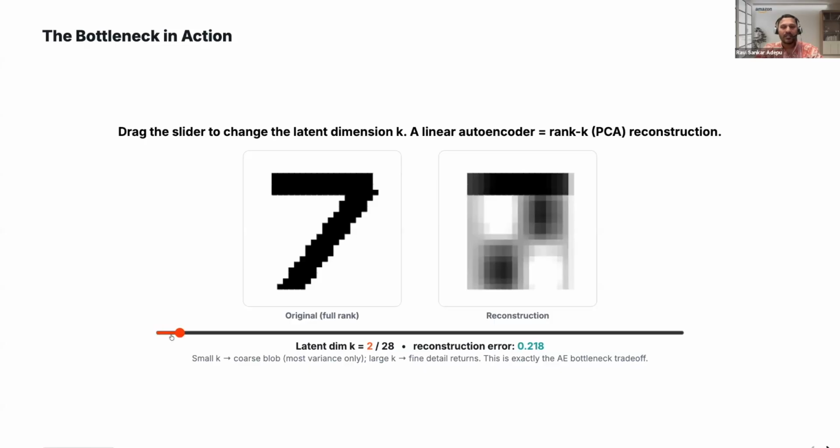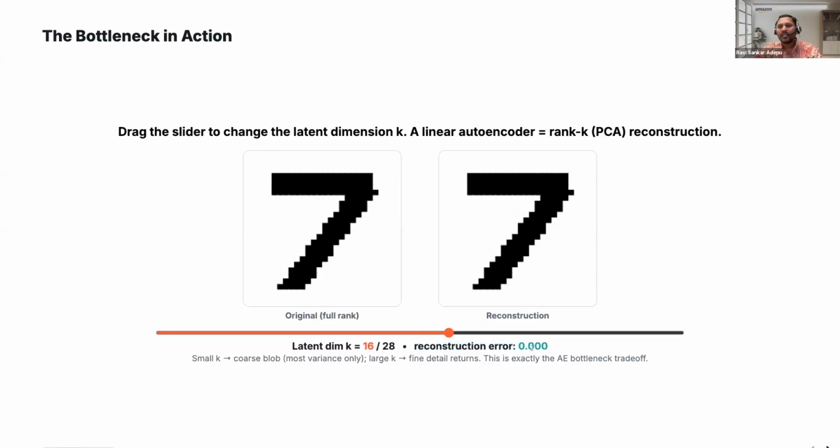As you drag up slowly and add more and more components, you can slowly see that the reconstruction error is going down, and you slowly start seeing the input image coming up. In fact, as the hidden representation increases, at some point, let's say at k equal to 16 out of 28 dimensions, the reconstruction error is actually 0.